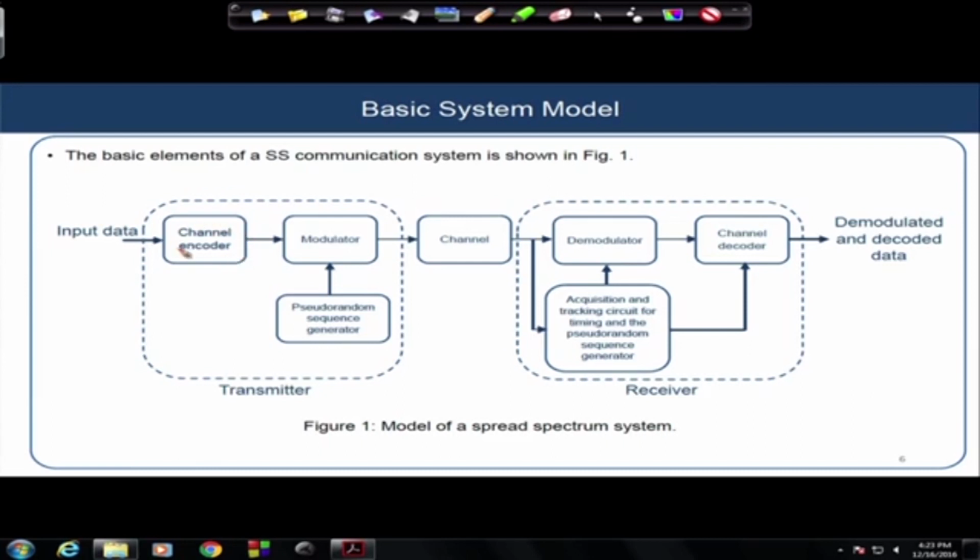This is the channel encoder, which helps us encode the data to give protection against wireless channel fading, and here we are considering the channel to be mostly a wireless channel. It can be anything else also, the coaxial cable or an optical fiber cable. In those cases the channel encoding will be a different ball game.